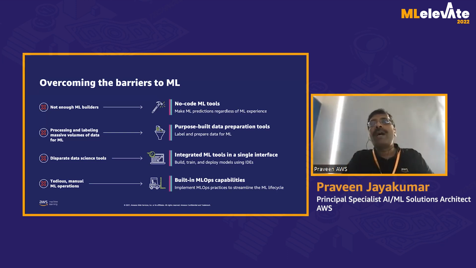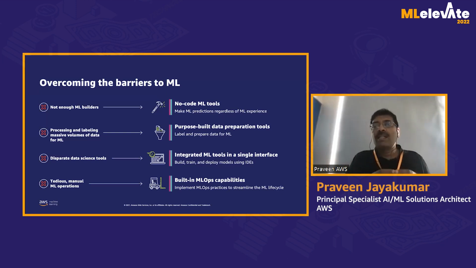Another typical challenge we have seen is that labeling the data is a huge challenge, whether you have textual data or image data for a computer vision problem. So SageMaker provides a feature called Ground Truth, which gives you the ability to do this entire labeling process.